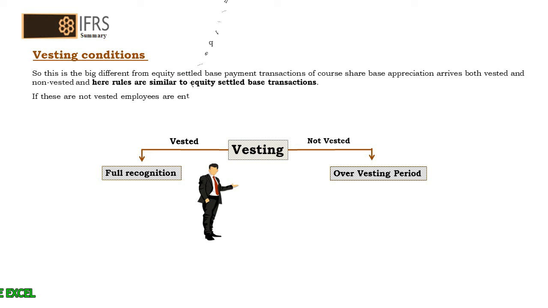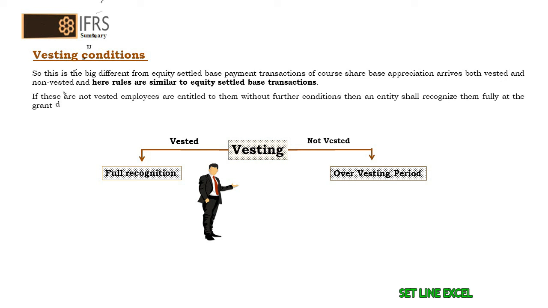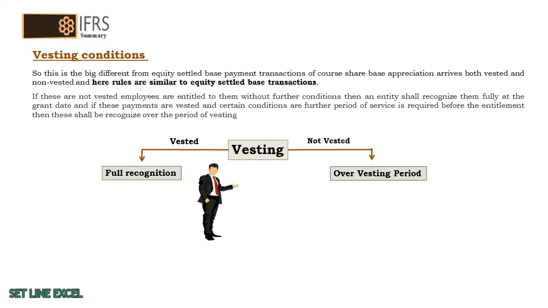If these are vested, meaning employees are entitled to them without further conditions, then an entity shall recognize them fully at the grant date. If these payments are not vested and a further period of service is required before the entitlement, then these shall be recognized over the vesting period.